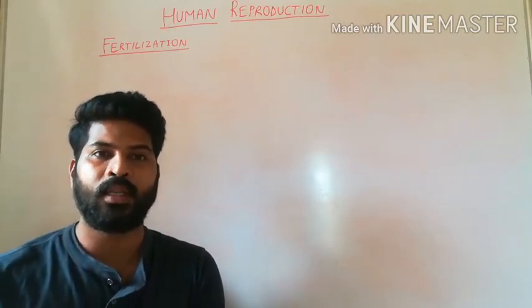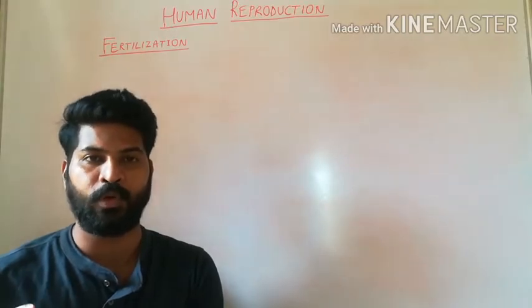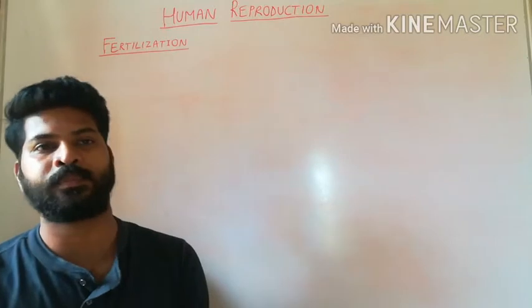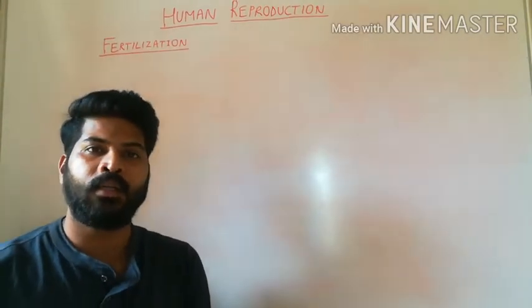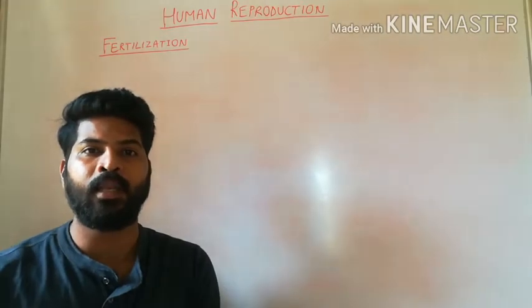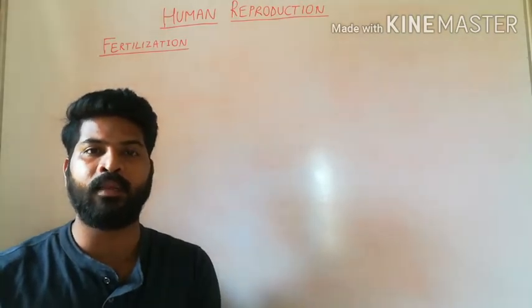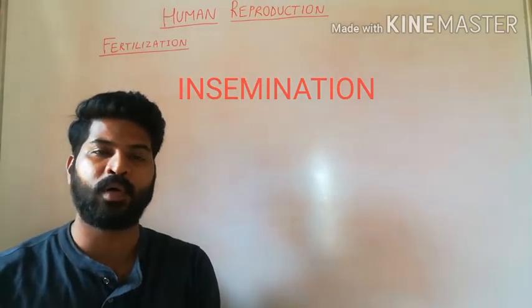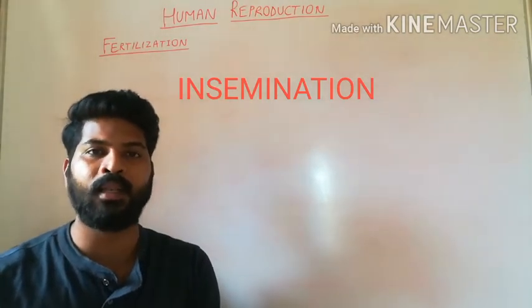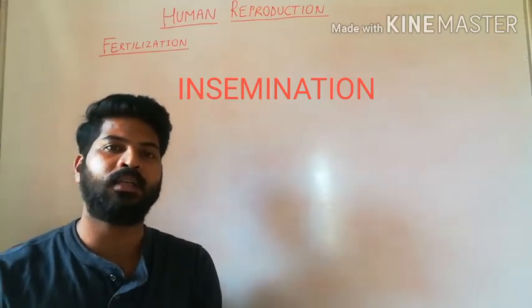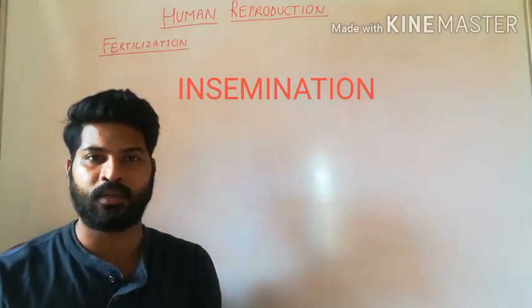Therefore, it is very important for the sperm to meet the ovum within 24 hours. The sperm is released into the female reproductive tract in an event called insemination. The sperm along with the seminal plasma, which is called semen, is released inside the genital tract.